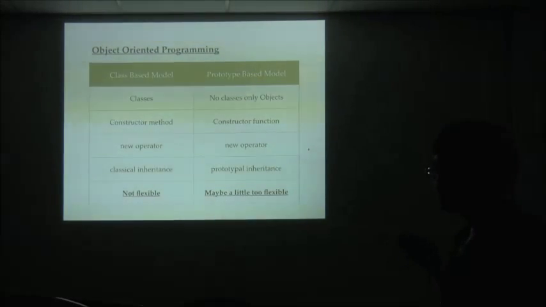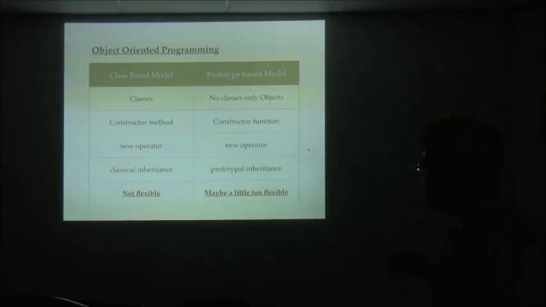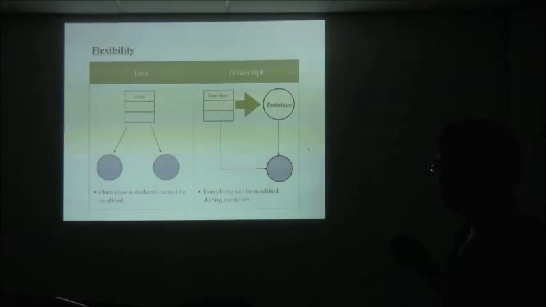So the class-based model is not flexible, and the prototype-based model might be too flexible. This could be a mixed opinion among people, but the idea is that in JavaScript, once you write a class and instantiate an object, you can't modify it in the sense that you won't be able to add properties on the fly when you're programming it, and you can't actually change it.